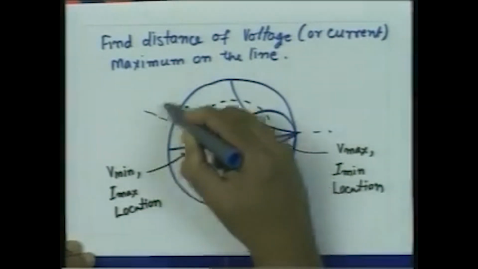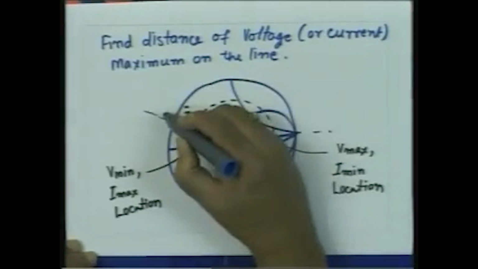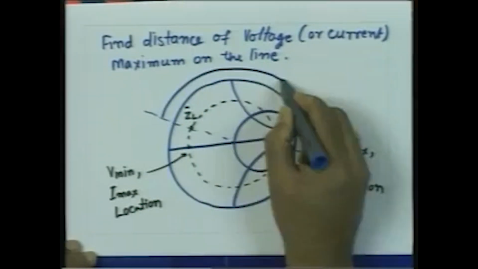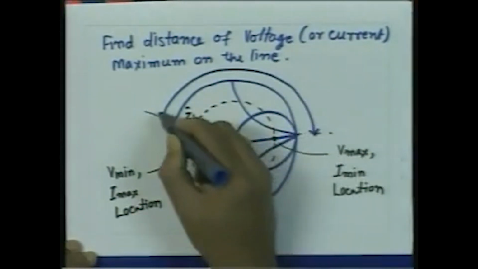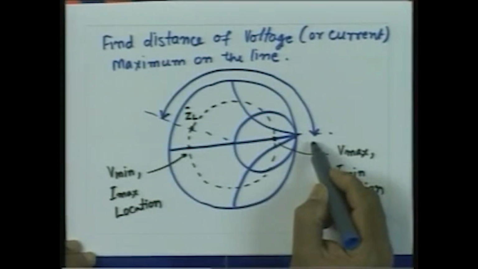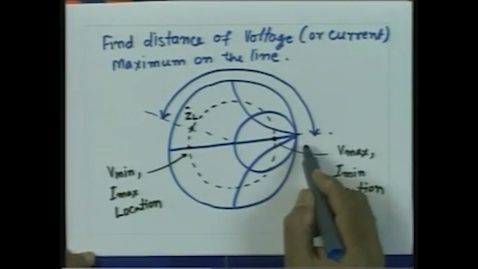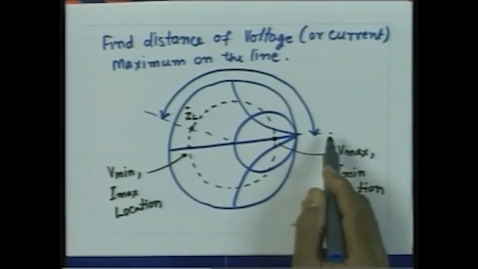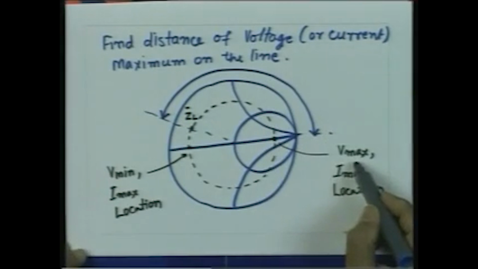So, essentially find out what is this angle, this arc here now. This arc, whatever angle I get, if I divide by 2 beta, I will get the distance of the voltage maximum from the load point.